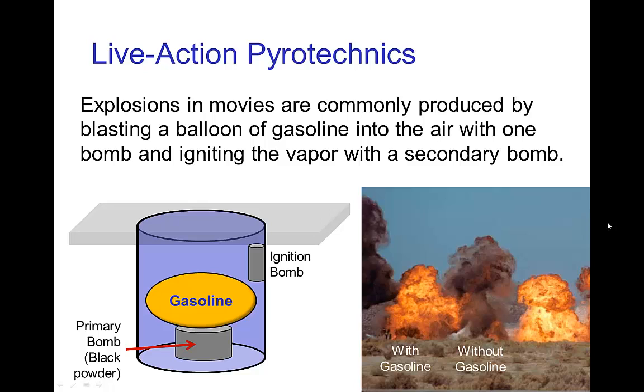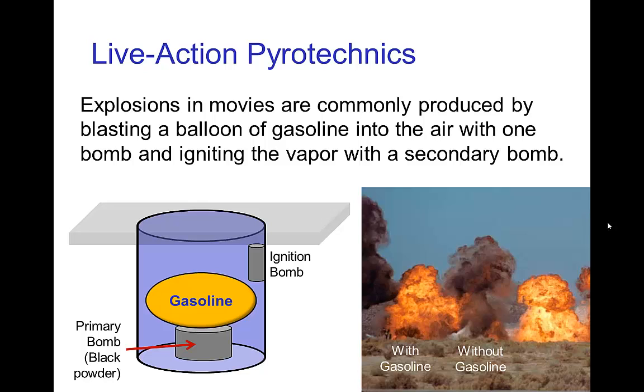Now, in live action pyrotechnics, you want to have an impressive explosion, but you don't want to use high explosives because they produce blast waves, and those blast waves can be quite dangerous to anyone nearby.